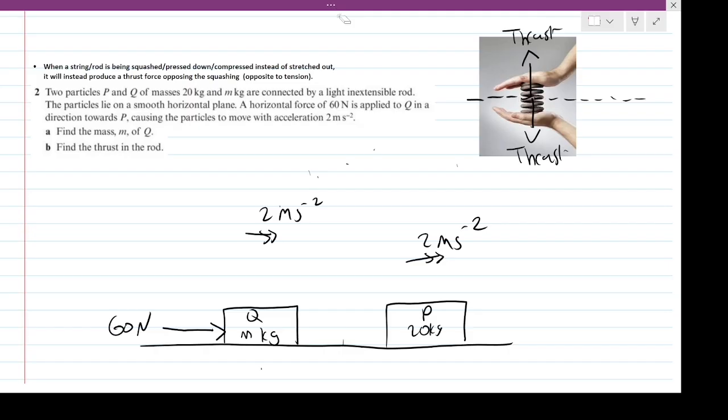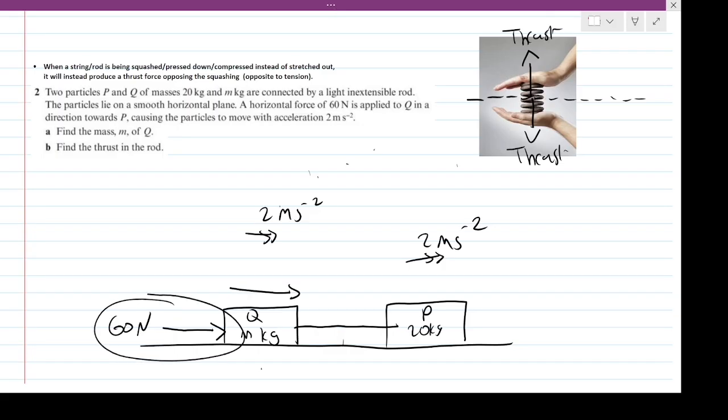Because the actual tow bar, or the rod, the thing connecting it, is not being stretched out, okay? Because Q is not trying to pull away from the tow bar. This force here is pushing it into the tow bar, okay? So it's going the opposite way to what we've seen so far.